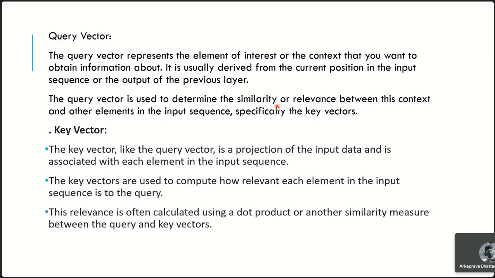Okay, so let's see what each and every component means. So the first is the query vector. The query vector represents the element of interest or the context that you want to obtain information about. Means एक word हो गया या फिर one context हो गया, उसके ऊपर हमें information चाहिए.